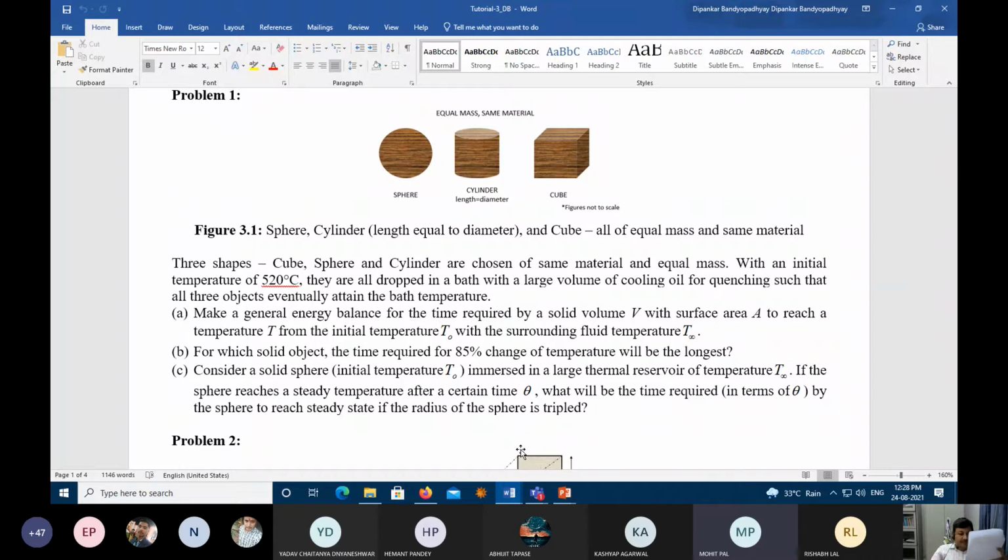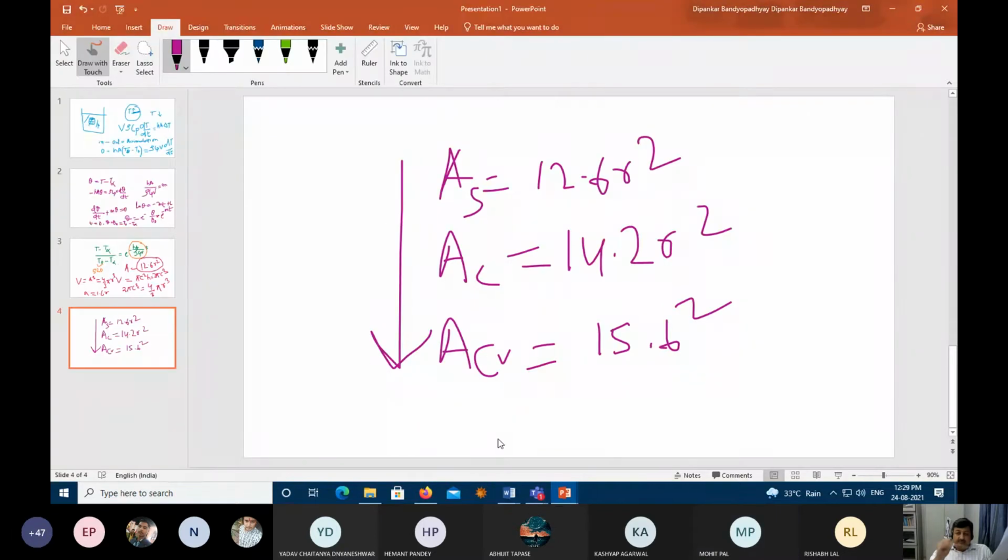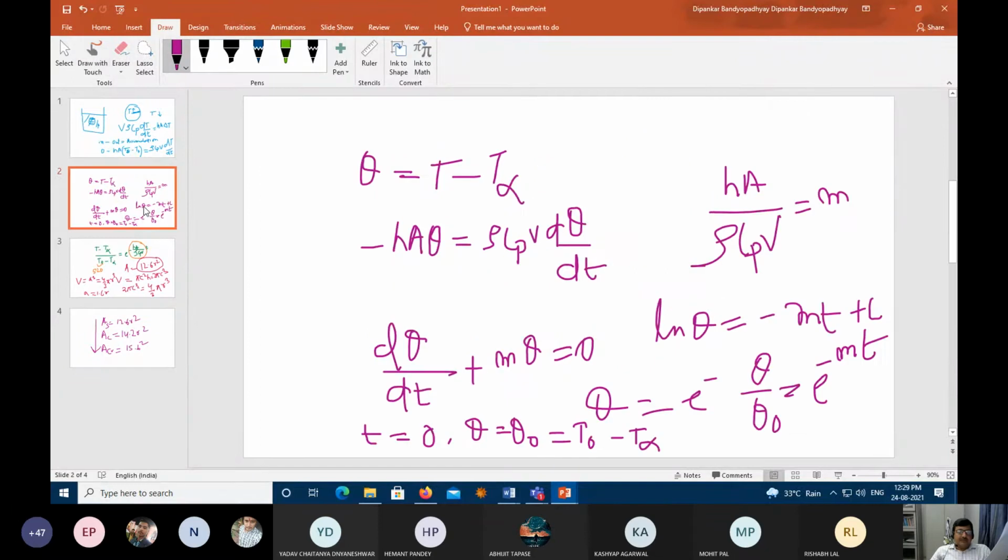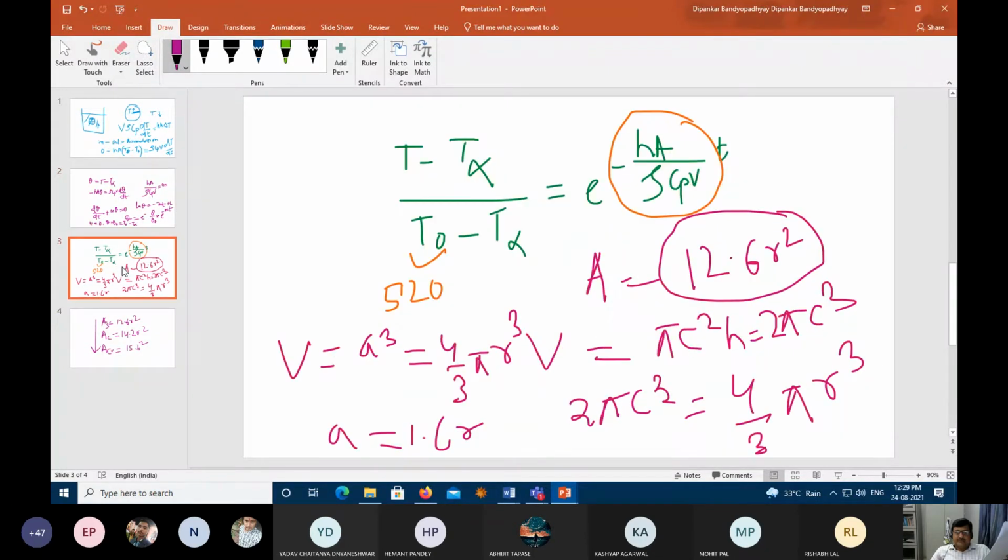Yes, sir. Okay. So let us go back to the equation. How do you go about that? So we have the equation now, right? This is the equation, right? So in that, consider a solid sphere, initial temperature T0, T infinity.